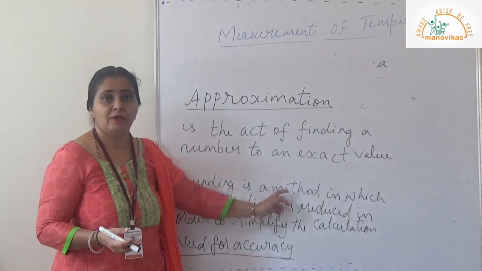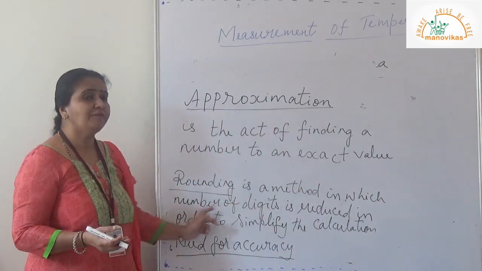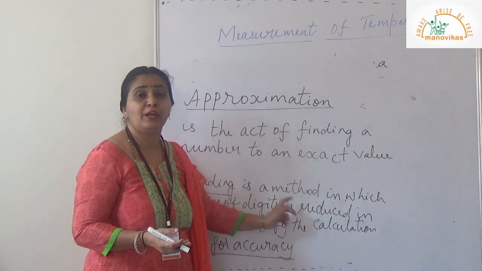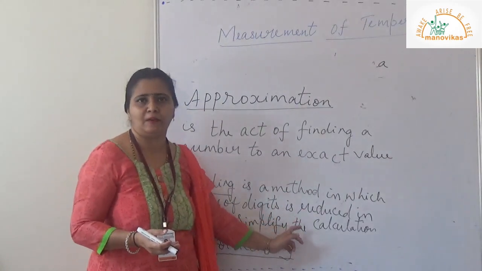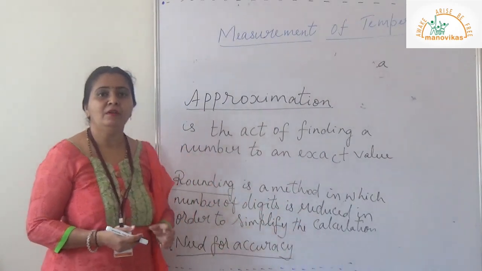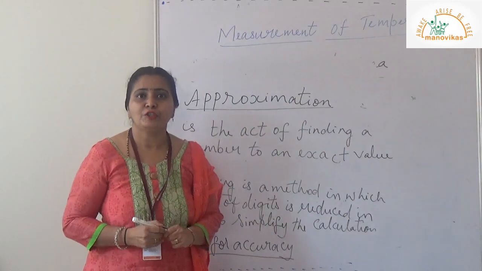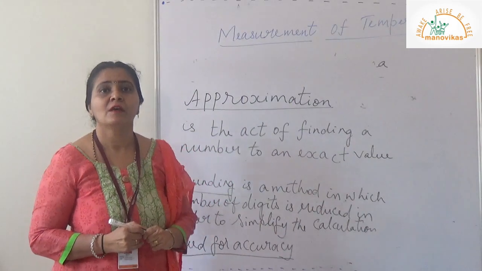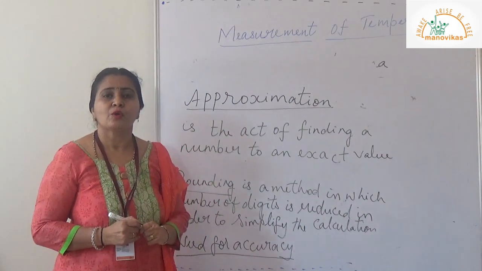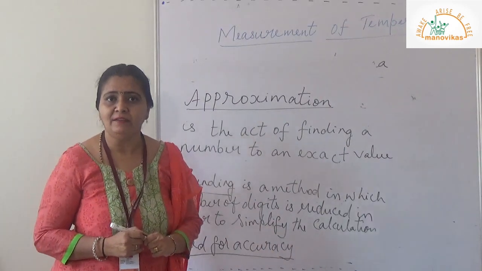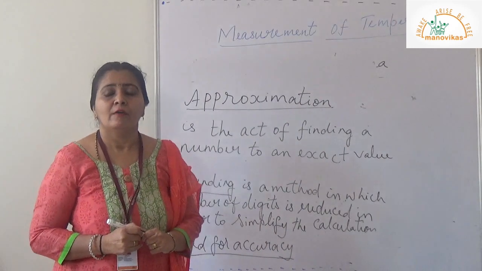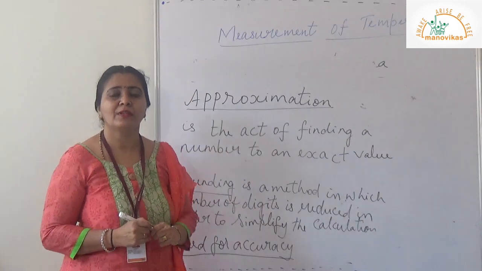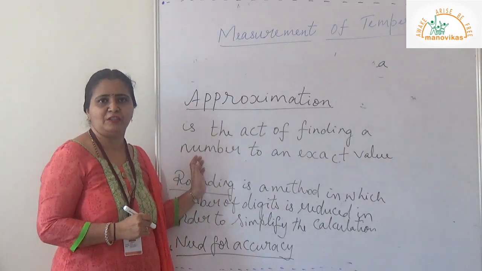Rounding is a method in which the number of digits is reduced in order to simplify the calculation. For example, if we buy a pair of shoes for price 3.99 rupees, so we approximately say that it is 400 rupees. So that is about the approximation.